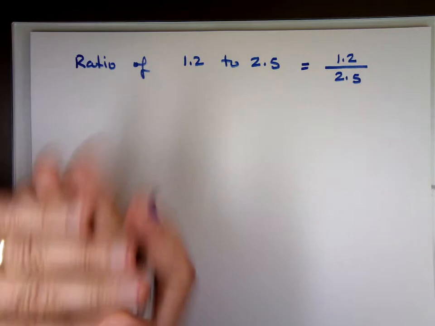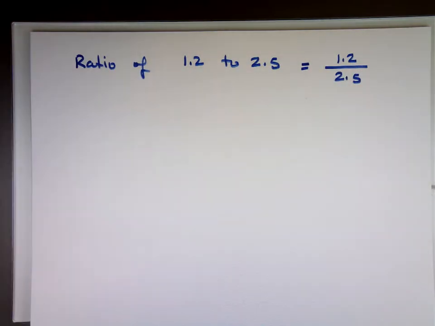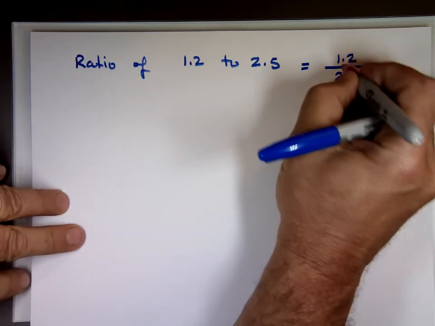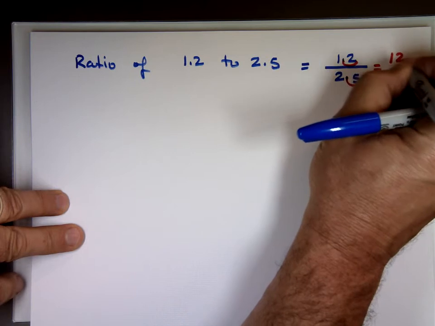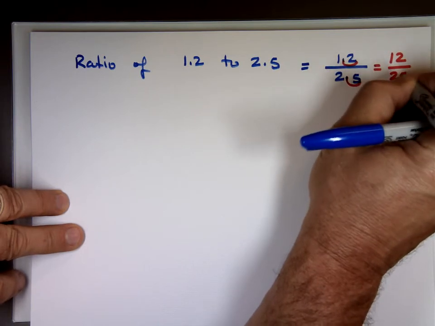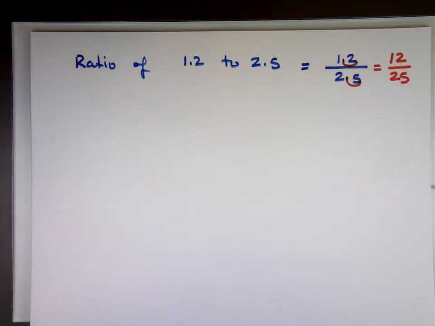Now, you can't have decimals here on the bottom. They can be fractions. They have to be whole number ratios. So how do we change 1.2 and 2.5? What do we do to make them whole numbers? Move the decimal 1 place for each one, and that becomes what? 12 to 25. Can we simplify that? No.